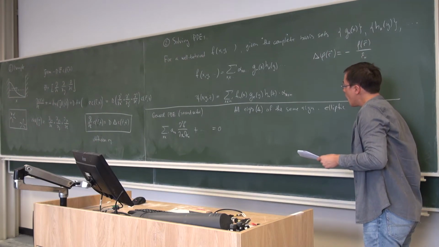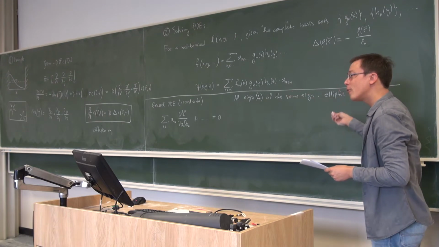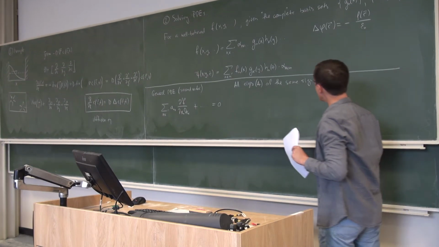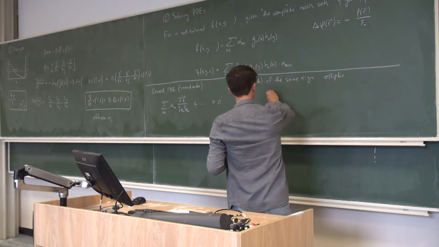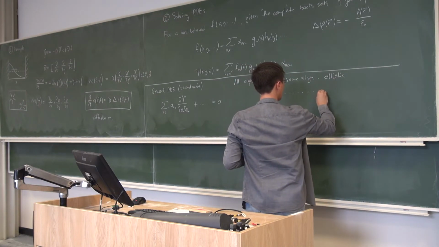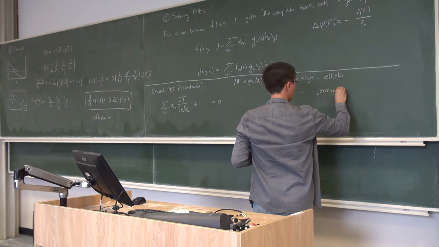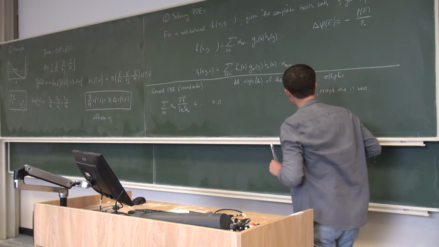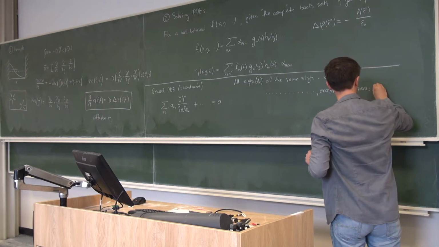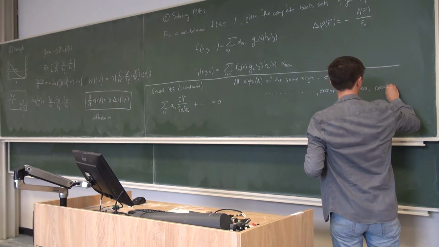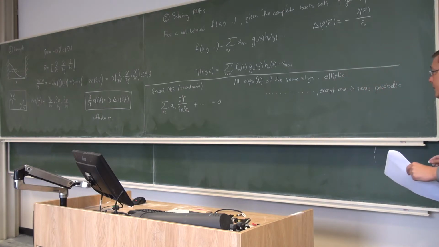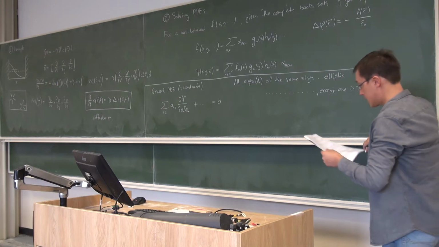Then if we have all eigenvalues of A of the same sign except one is 0, those equations are called parabolic. And that's quantum mechanics and a lot of time domain processes in physics.